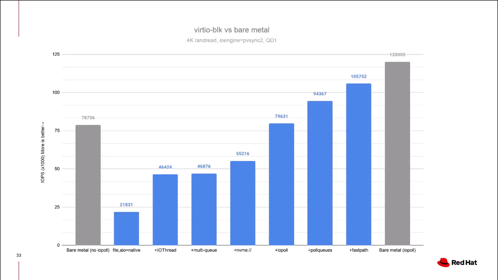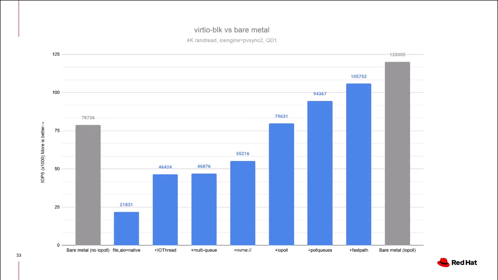Adding that brings us above the initial bare metal number that we collected without iopoll on the host side. Now that we're polling and using more CPU cycles, we are able to make some ground there and reduce the latency that we had.